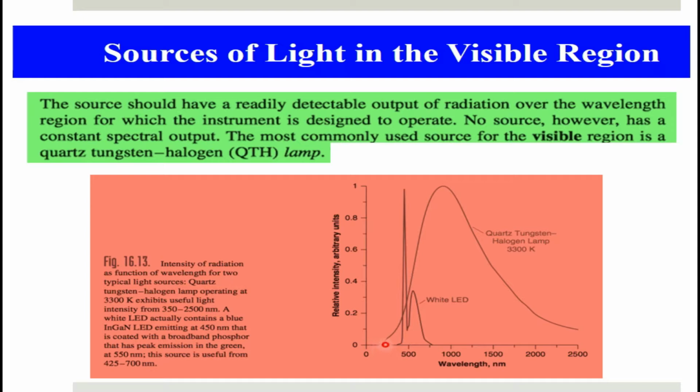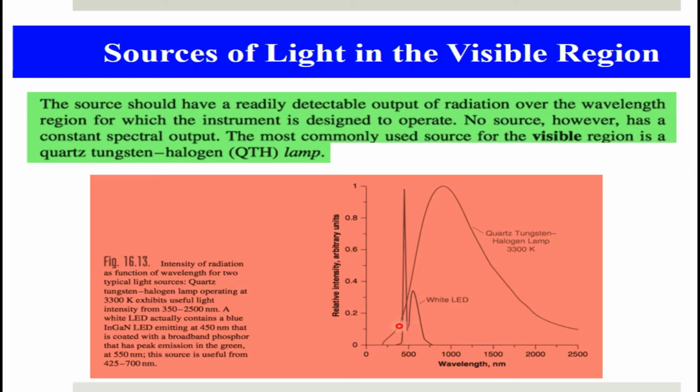Here in this graph, the spectrum of a white LED is also given. A white LED consists of a blue indium gallium nitride material, and it emits at 450 nanometers. It starts emitting radiation at 450 nanometers, has a peak right after that, and then the intensity drops down.